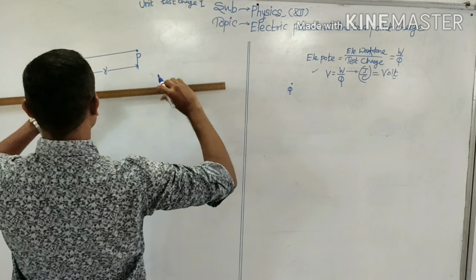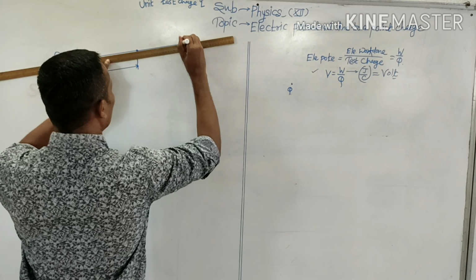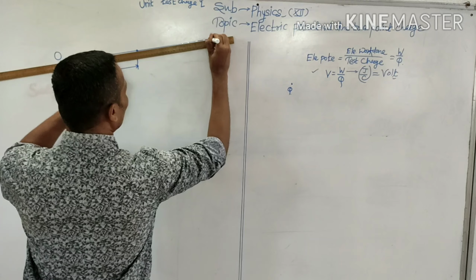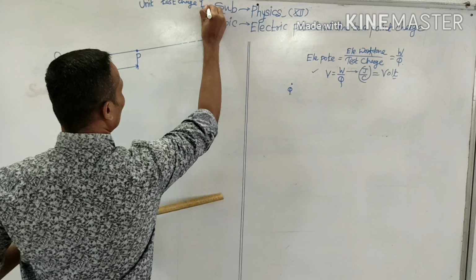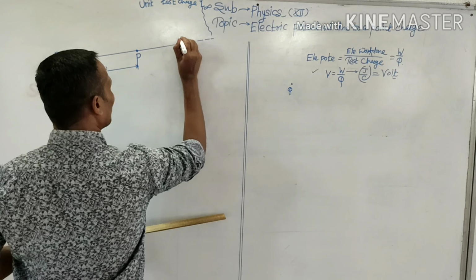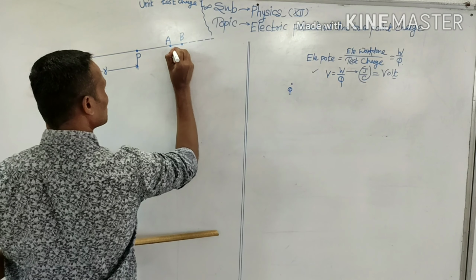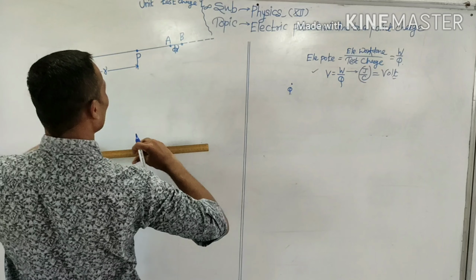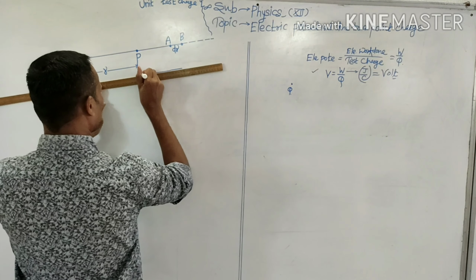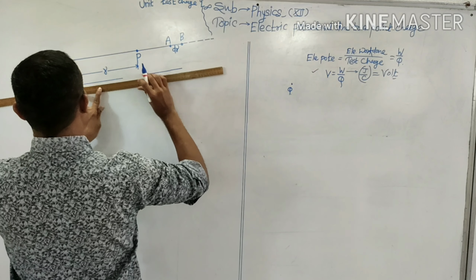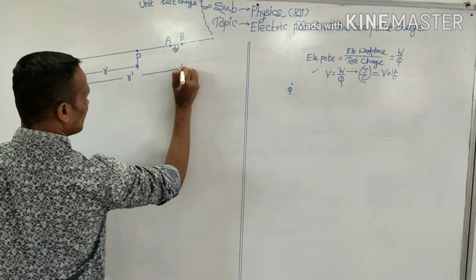This charge we have already brought from infinity to somewhere at B, and then we wish to move it further through a small distance dr, and let's say the distance of the point B from O is r'. The distance of B from O is r'.